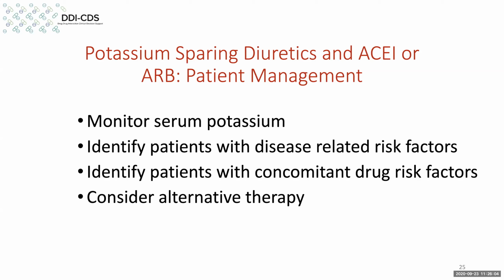You can consider alternative therapy, although there's not a lot of alternatives here. You could try adjusting the dosage of the potassium-sparing diuretic downward, and that may be effective, although we really don't have data for doing that. We don't know whether we maintain efficacy or not, and the problem is we may not, but we really don't know because the data is all with 25 to 50 milligrams of spironolactone.